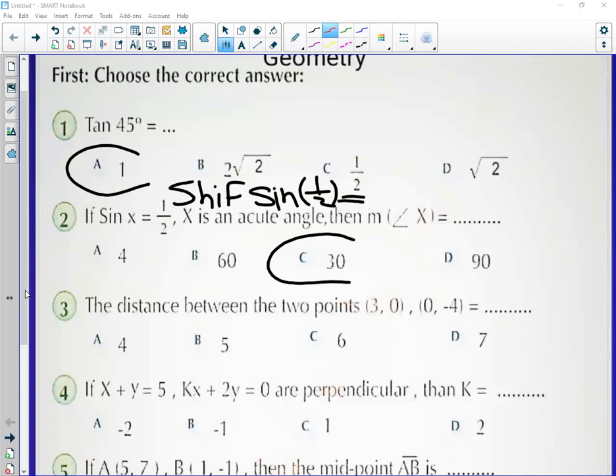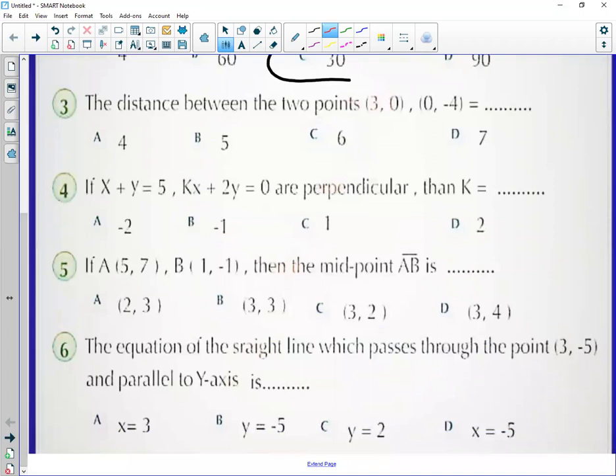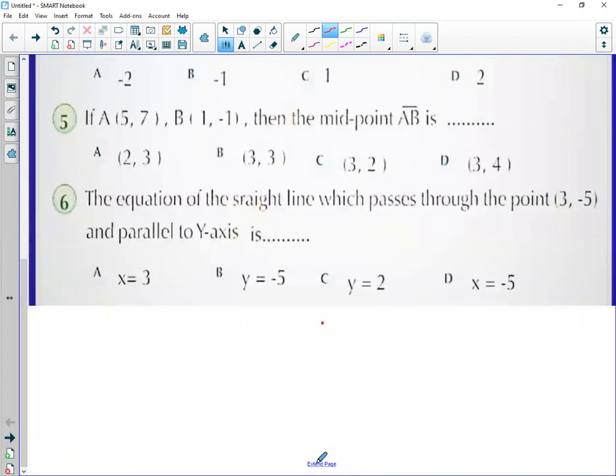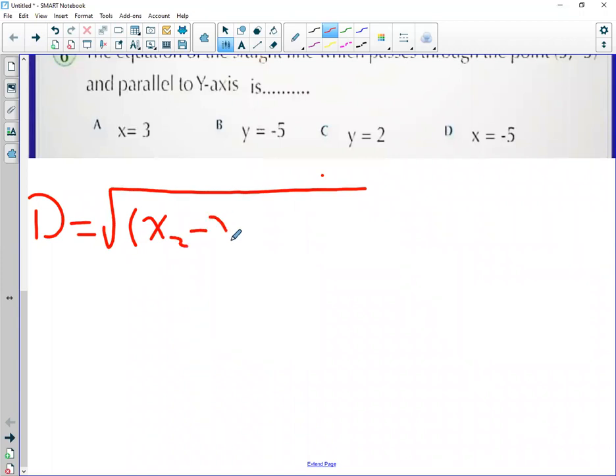Let's write the rule of the distance between 2 points. The distance equal root of (x2 minus x1) power 2 plus (y2 minus y1) power 2.